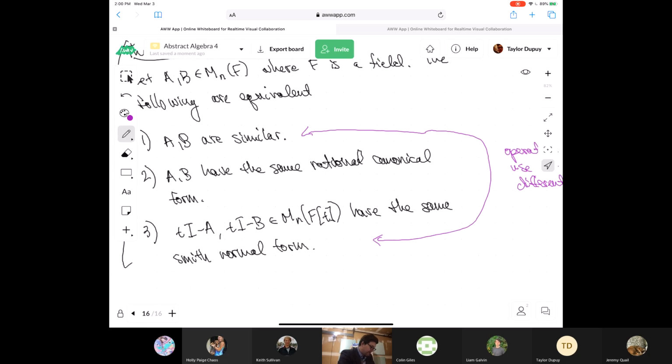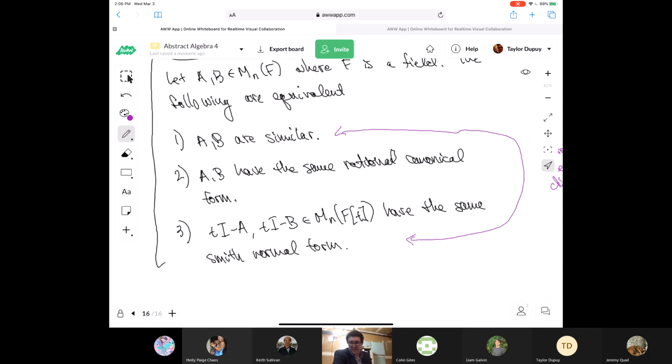So here you need to conjugate by the same matrix, in showing that two matrices are similar. In the bottom one, in 3, you can use any operations you want. You can use row operations and column operations.